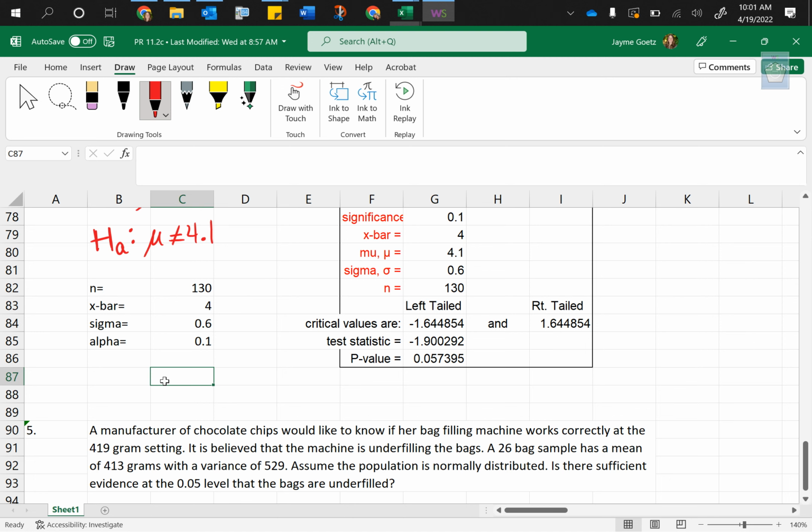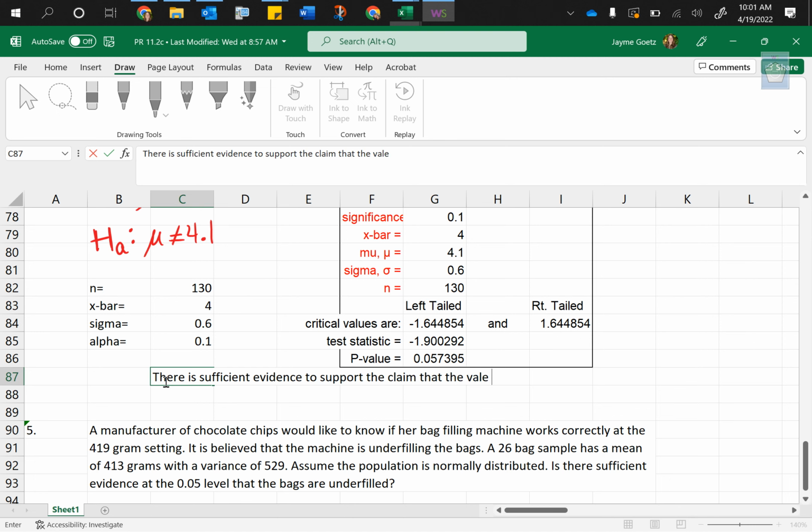The first option is going to read, there is sufficient evidence to support the claim that the valve does not perform to the specifications.